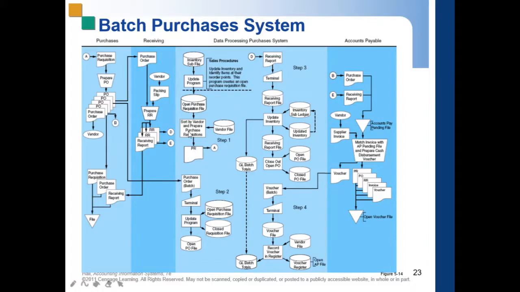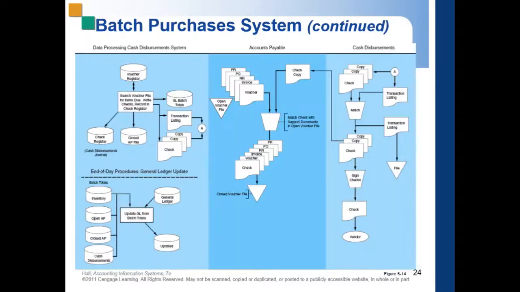So in this case, pag abot sa imong reorder point, ang imong ma-generate ra is your PR, which will then be used here sa imong purchase department, which will then prepare the PO and so on and so forth. So again, what is done by your system is more on the recording and the updating of your files. Mao ang nadiri sa imong data processing system.